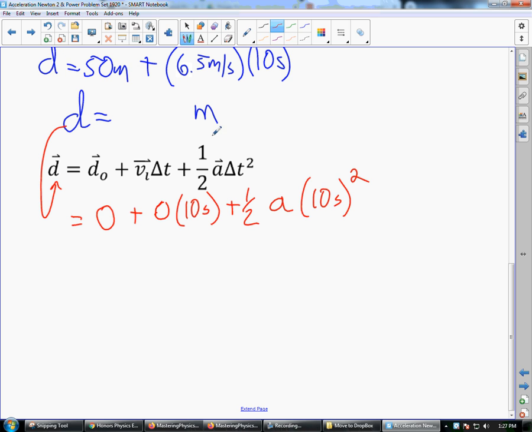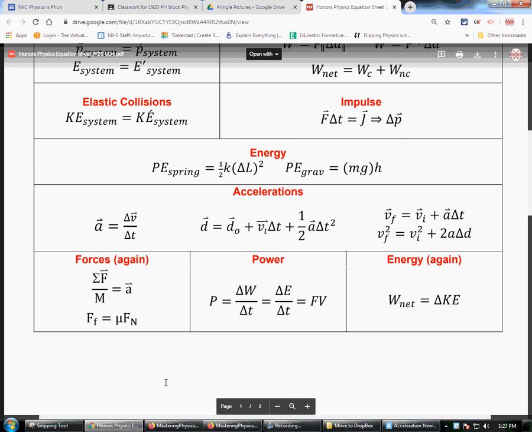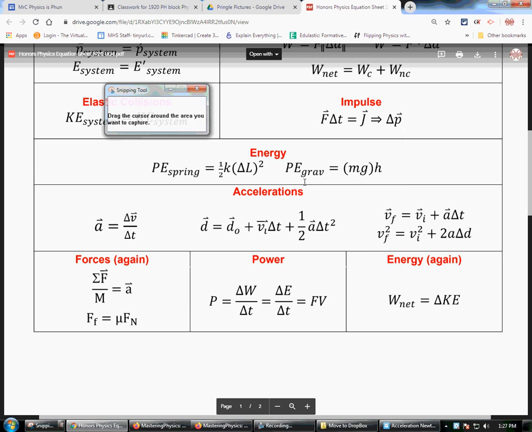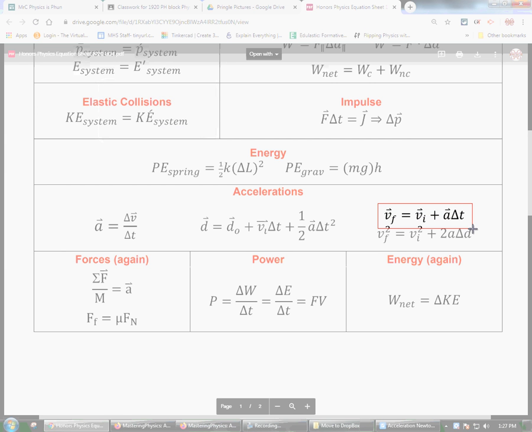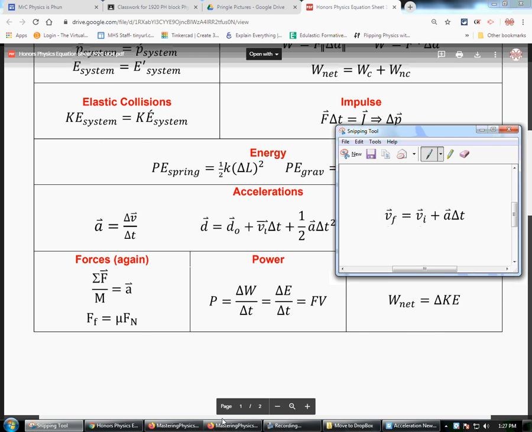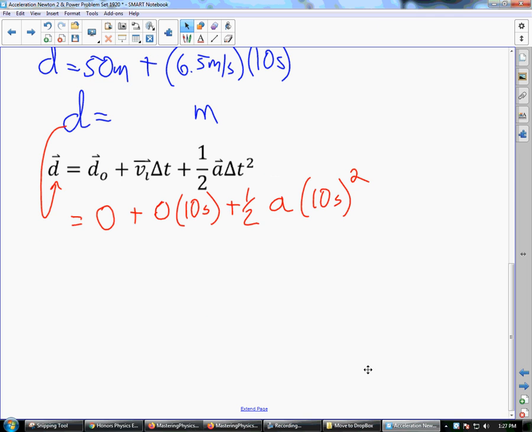And then the last part, they want to know how fast it's moving. So I'm going to go back here to my equation sheet. I'm going to say, well, now I need to use this one here. Oops. And in this one, as we said before, it starts from rest.